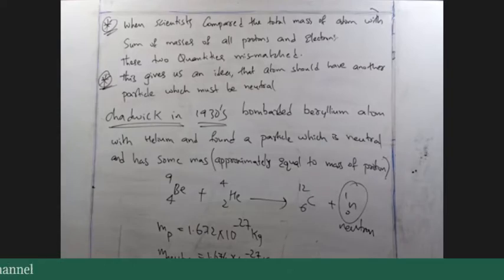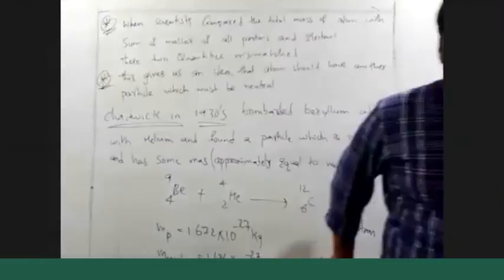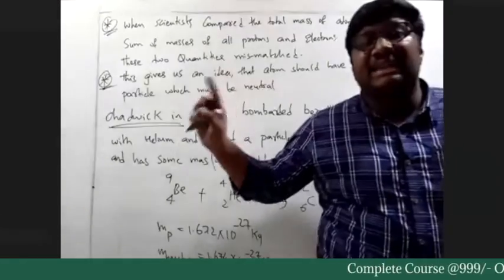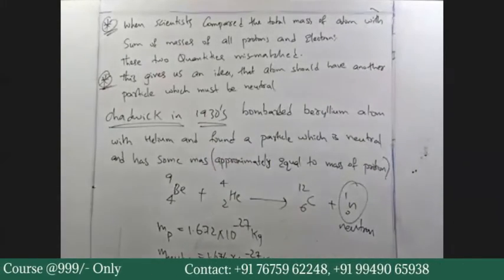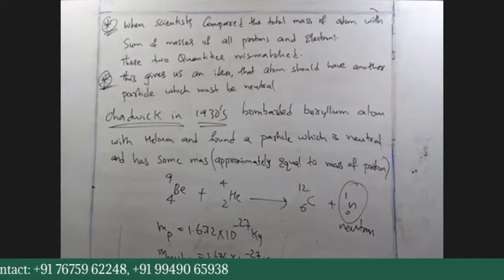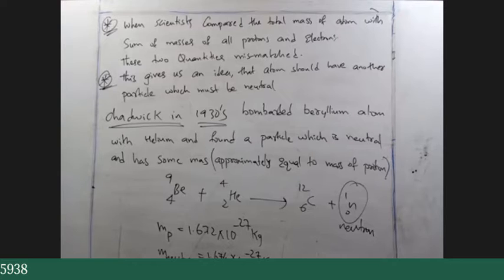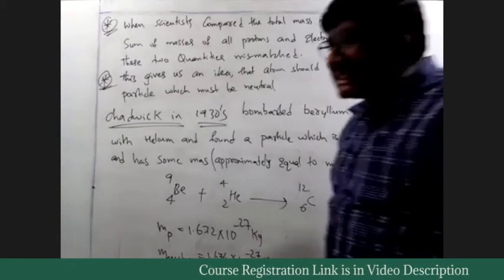Whenever it is neutral, it will not react with electric and magnetic field. Yes or no? So the procedure we have used for the calculation of mass of proton and mass of electron, how did we calculate that?